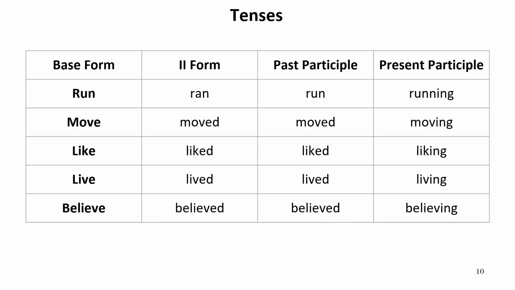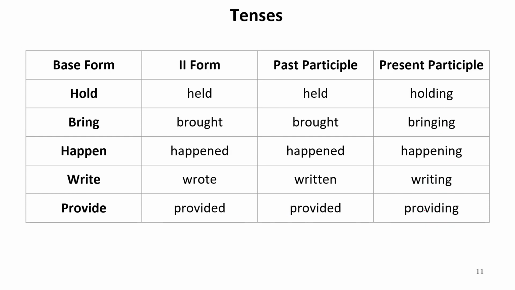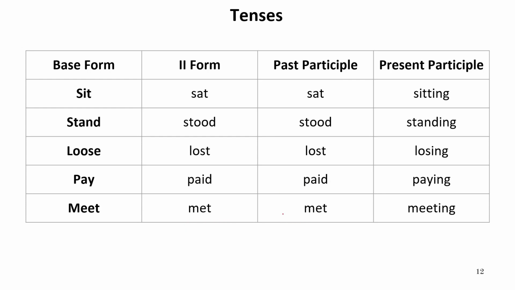Run, move, moved. Like, liked. Live, lived. Believe, believed. Running, moving, liking, living, believing. Hold, held. Bring, brought. Happen, happened, happening. Write, wrote, written. Provide, provided. Now providing. Sit, sat.